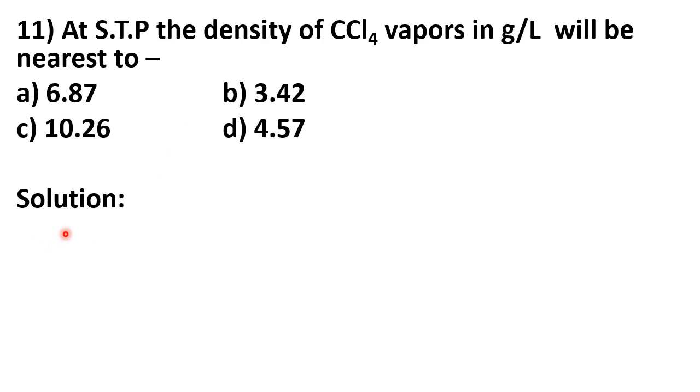Solution. So 1 mole of CCl4 vapor is equal to 12 plus 4 times 35.5, that is equal to 154 gram. So this is the molecular weight of CCl4. Molecular weight of any gas at STP will have a volume of 22.4 liter.